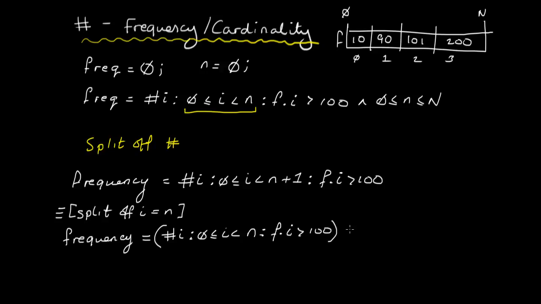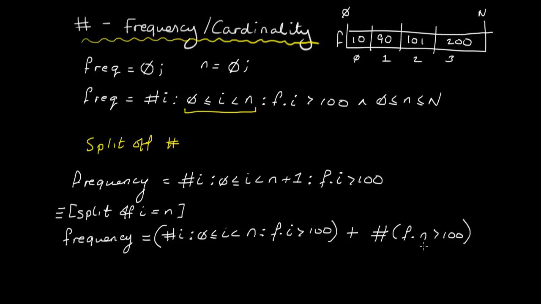Now how does the split off work here? Well, it's not just adding something on, it's not just adding the next value on, it's adding 1 on if we have found something that is f dot I greater than 100. So the way we do the split off in this case is we say plus the cardinality of f dot n greater than 100.